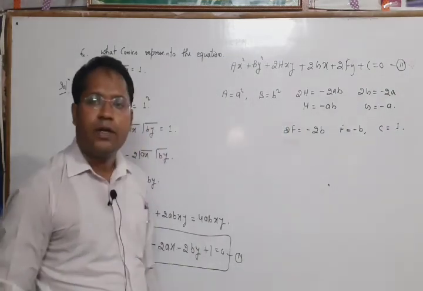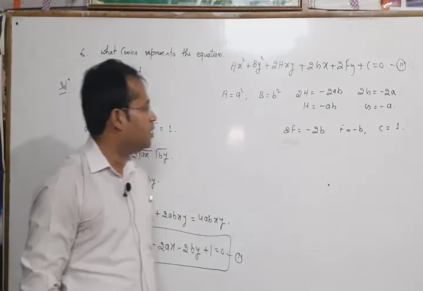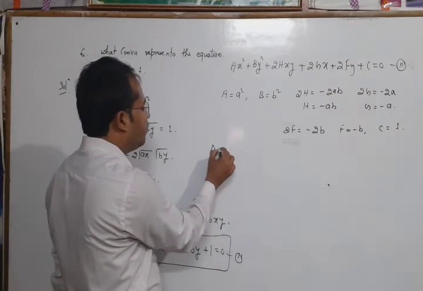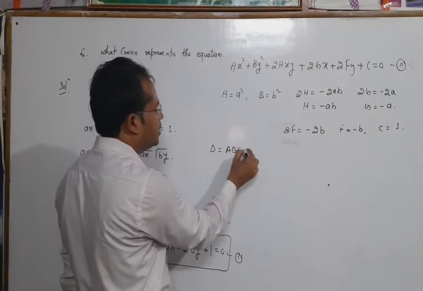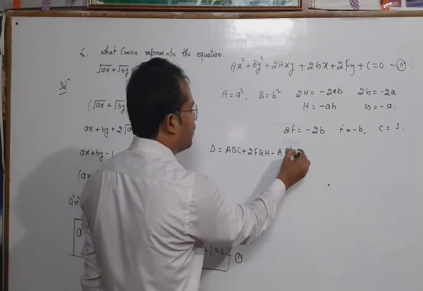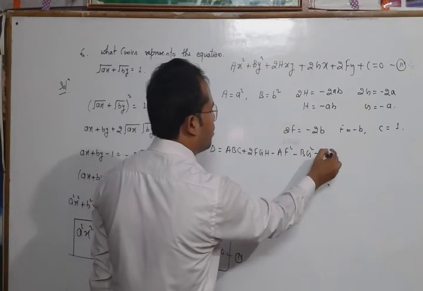First of all, we have to find out delta to determine whether it's a conic section or a pair of straight lines. Delta will be ABC plus 2FGH minus AF square minus BG square minus CH square.